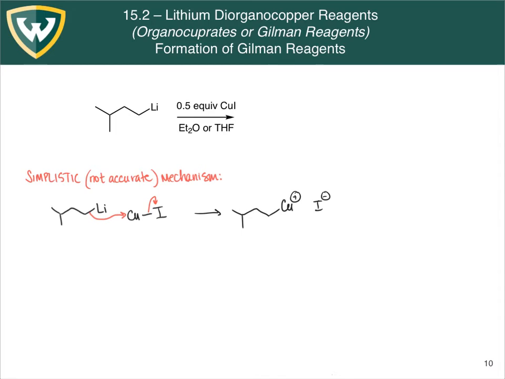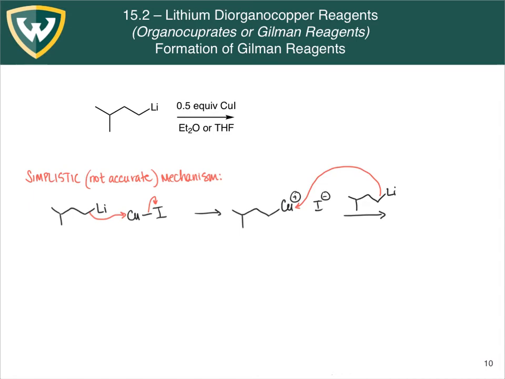And then this is going to react again. Remember, we have 2 equivalents, or basically twice as many moles of organolithium as we have of copper iodide. And so our organolithium species is going to again come in and attack this copper here.